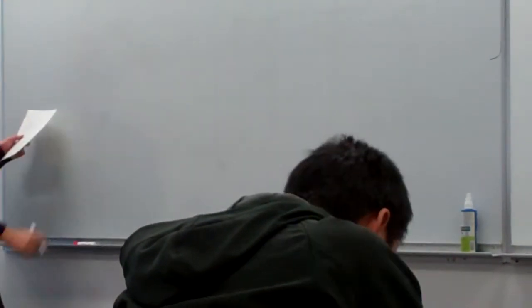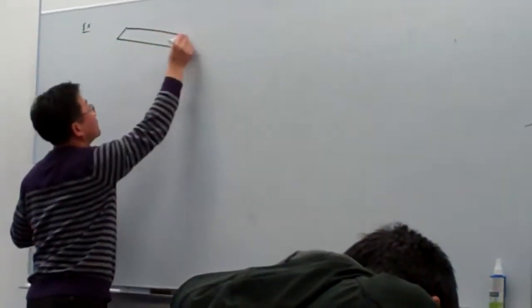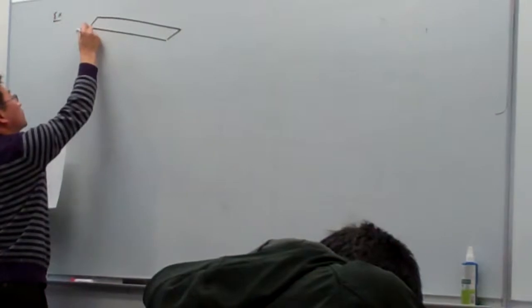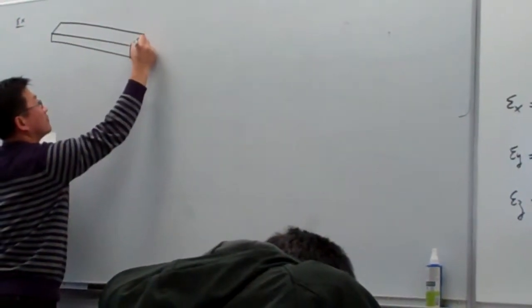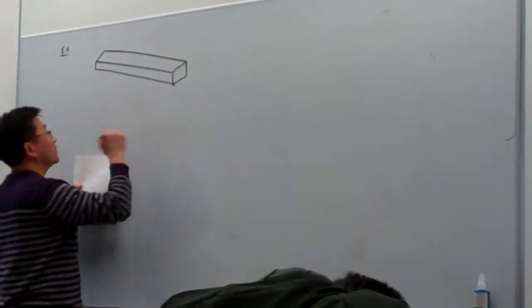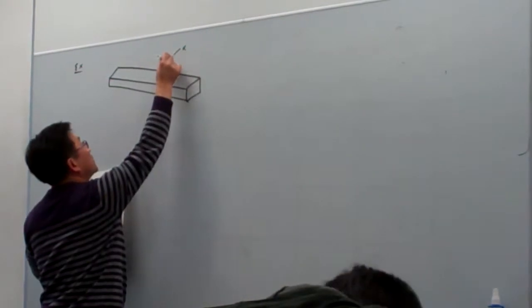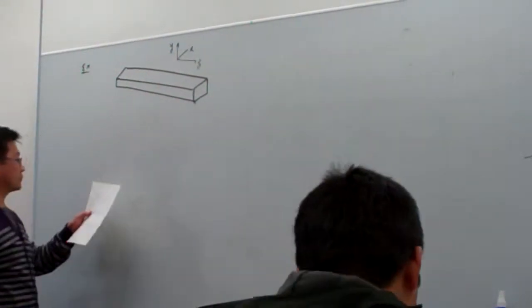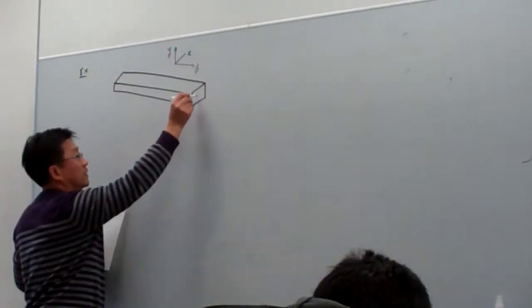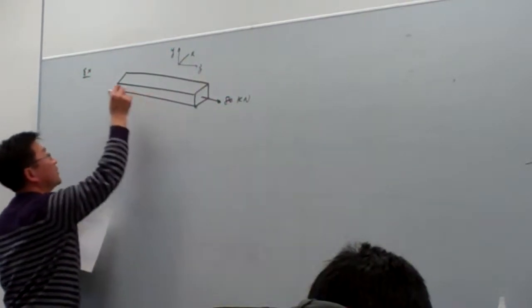The first example is just to practice Poisson ratio. Consider a uniform rectangular bar, with coordinate system X direction, Y direction, and Z direction. This bar is under a loading of 80 kilonewtons in the Z direction.